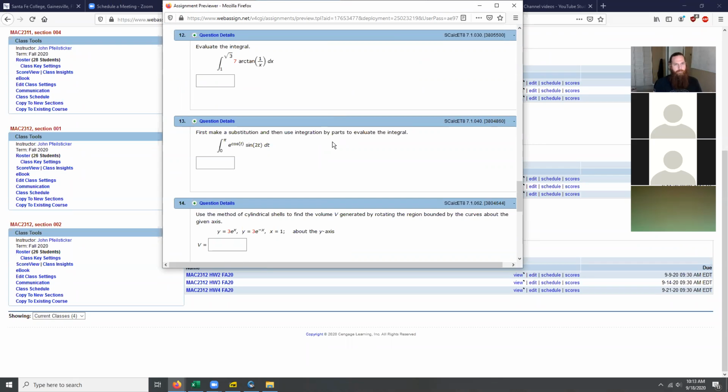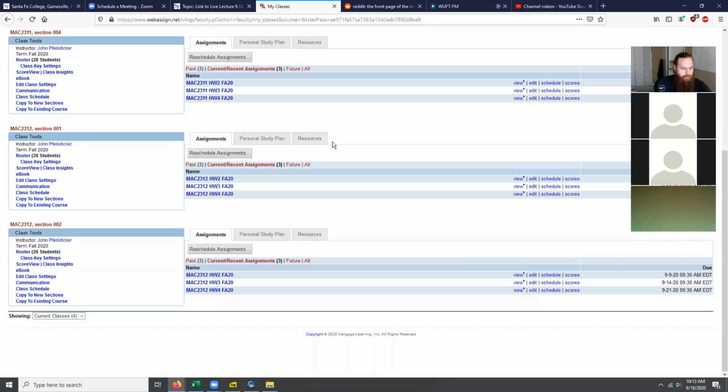Oh, this is a good one. So here we're integrating from 1 to the square root of 3, the inverse tangent of 1 over x dx.